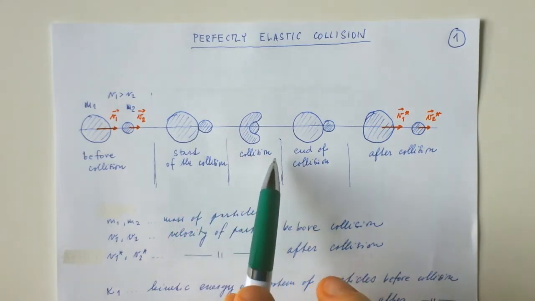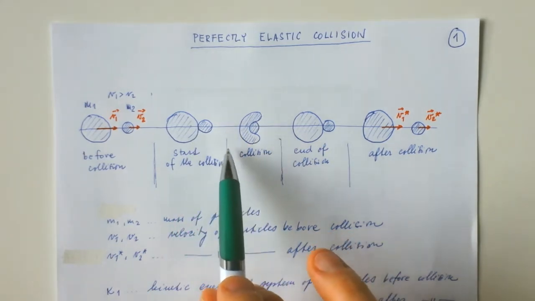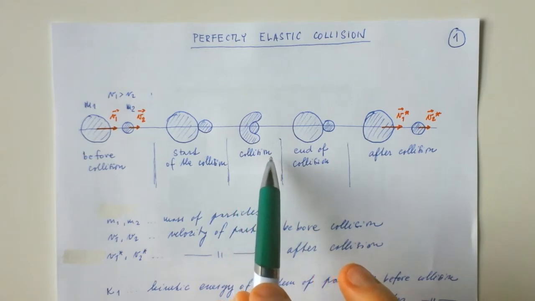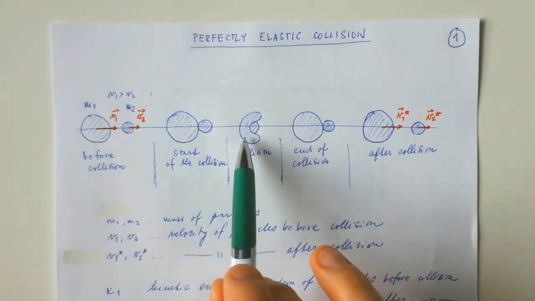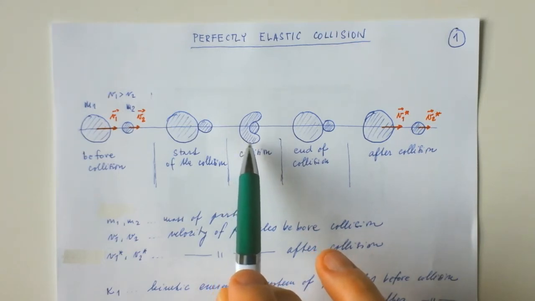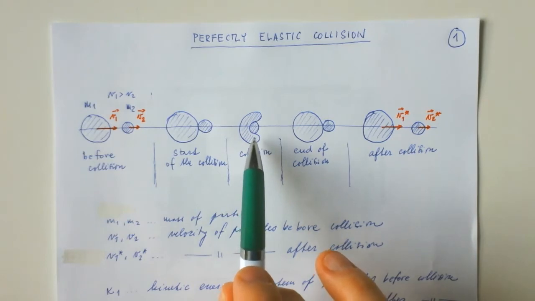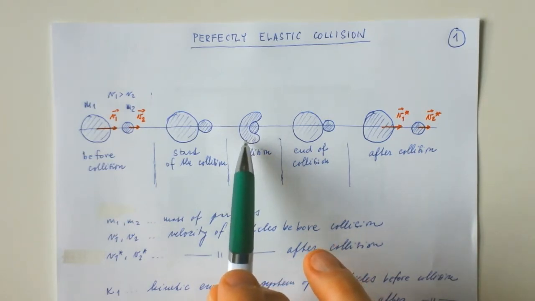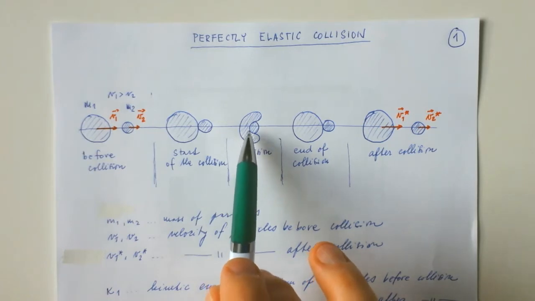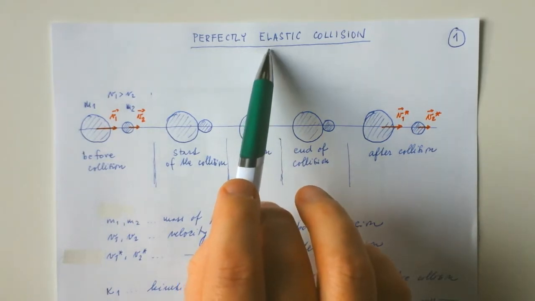There is a phase of the process of actual collision where these particles, and we can consider them for this time small bodies, are deformed, but they are deformed only in an elastic way.